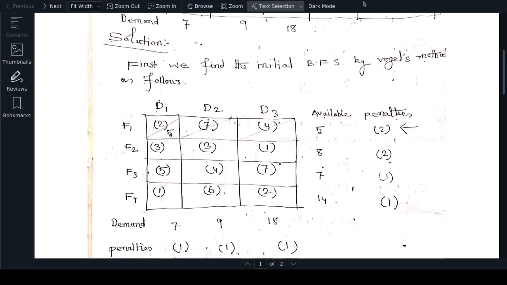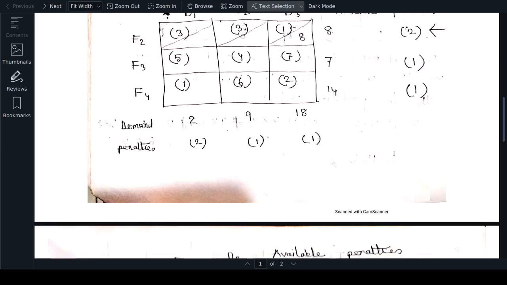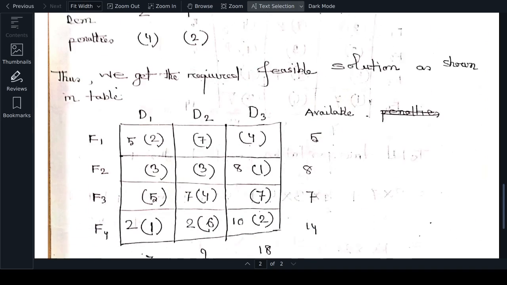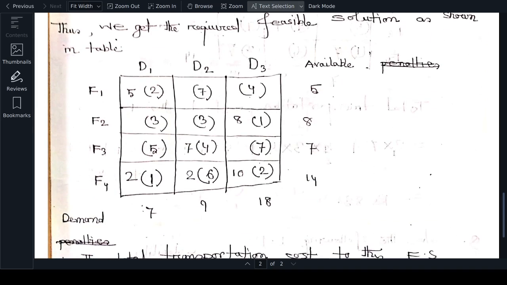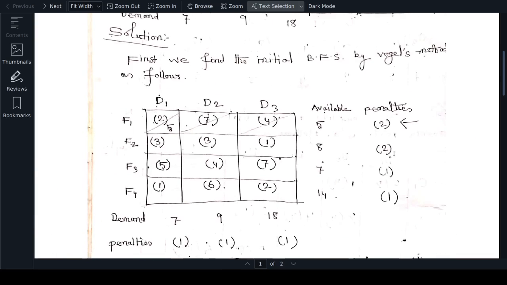Maximum penalty is 5. Then you enter F4 row, lowest cost. So lowest cost is 1. So you give the allocation. Availability is 4 in the F4 row, and first column demand is 2. So out of 2 and 4 we give 2.